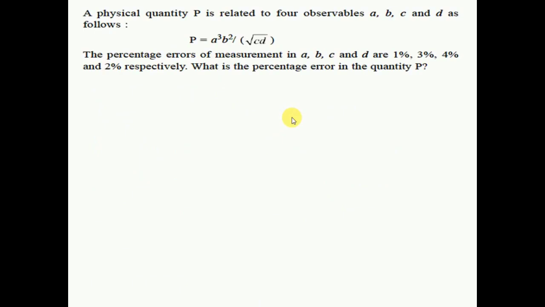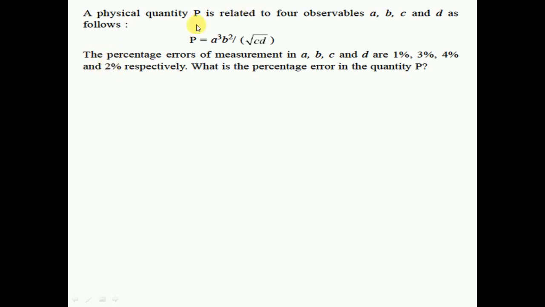The next question: a physical quantity P is given as P equals A to the power cube, B square, divided by root over C into D. So percentage error in A is 1, B is 3, C is 4 and D is 2%.